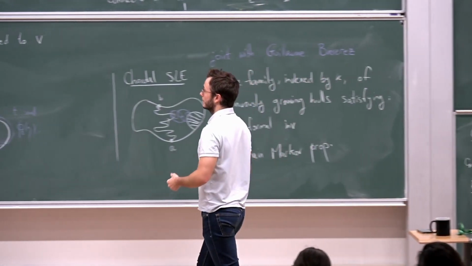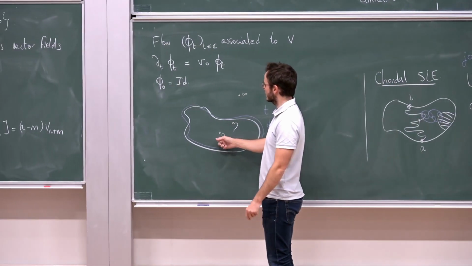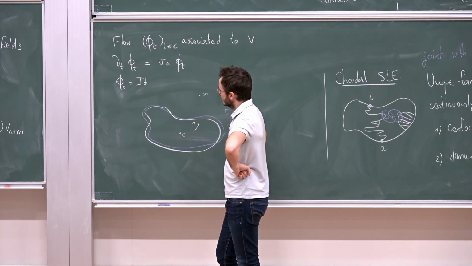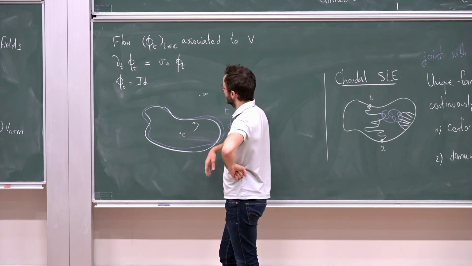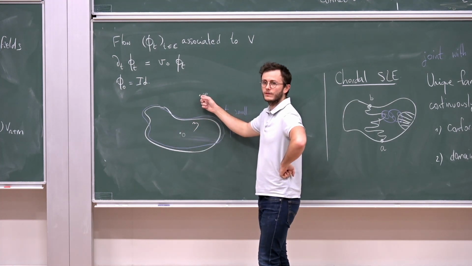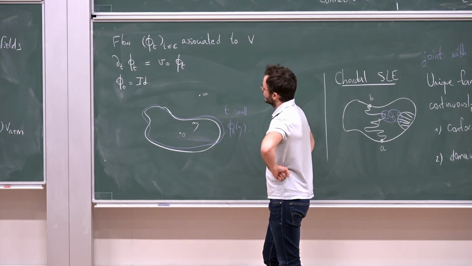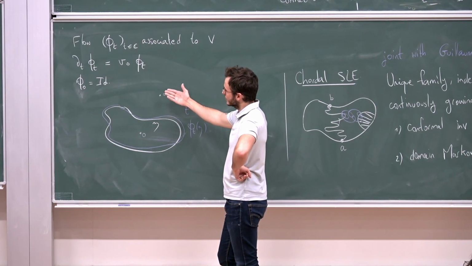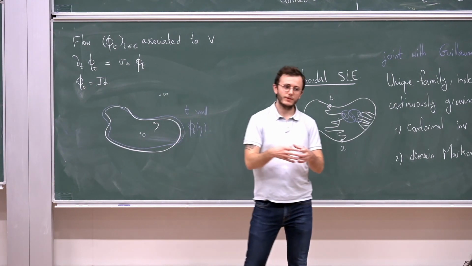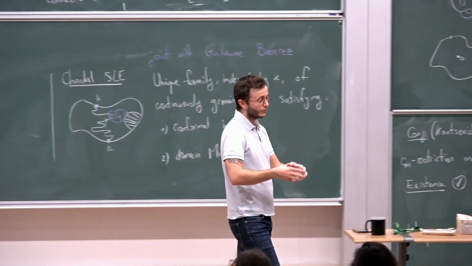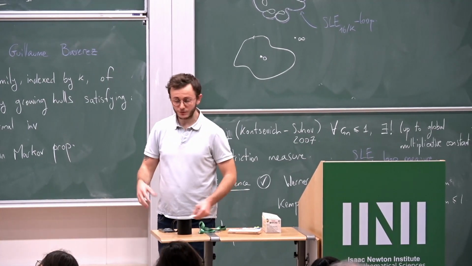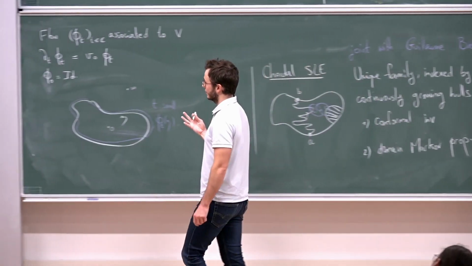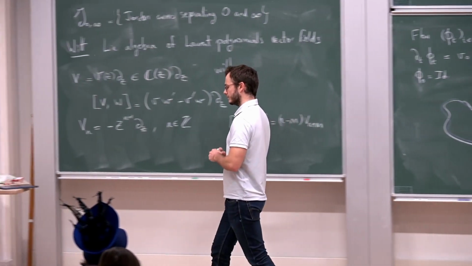And if V does not have a singularity at 0, this thing will be holomorphic everywhere except in the neighborhood of infinity. That's why we are considering quasi-conformal maps that are not conformal everywhere. It's really thanks to the singularities I have at 0 and at infinity.